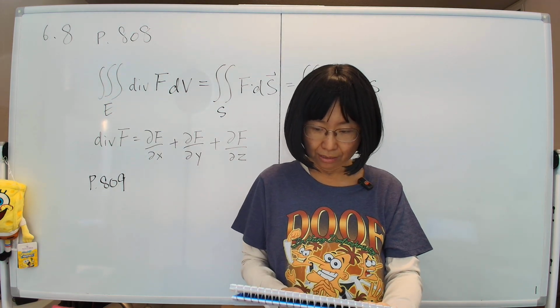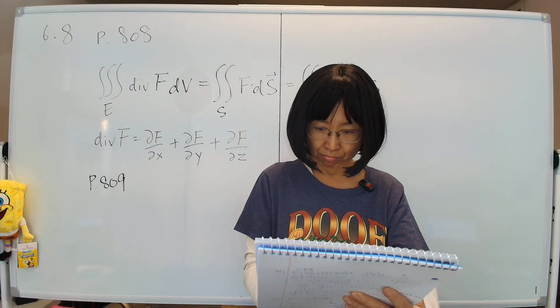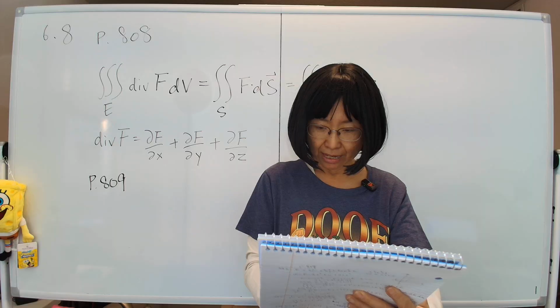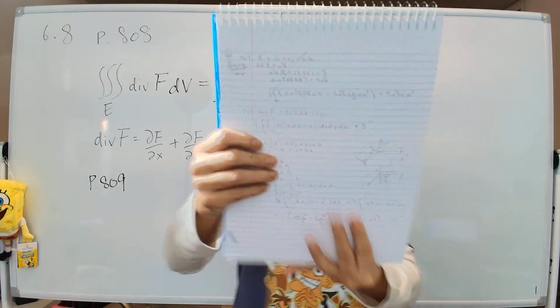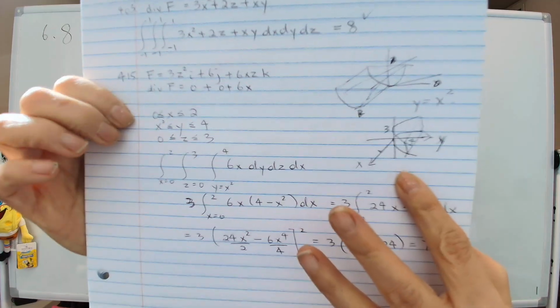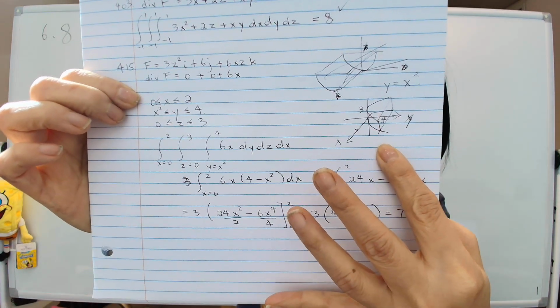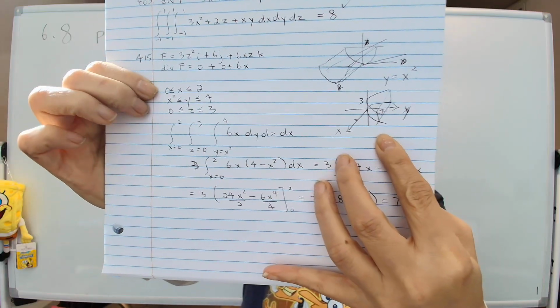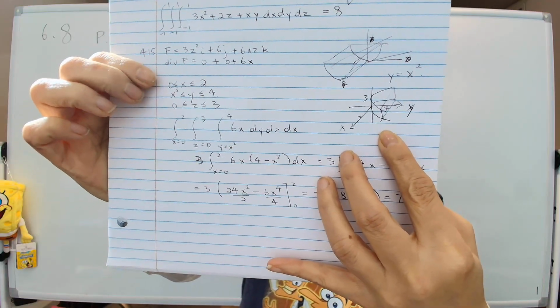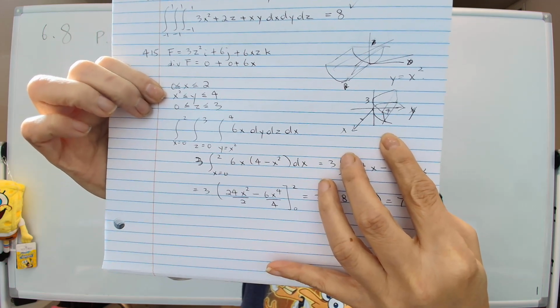Let's see. Next, let's look at problem 415. What is that? That is a chunk of stuff. It doesn't matter what it is. First you have to graph it. The description of the surface is actually the most complicated part. x goes from 0 to 2, and then y goes from x squared to 4.